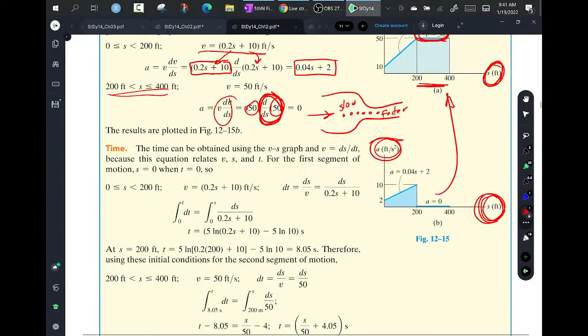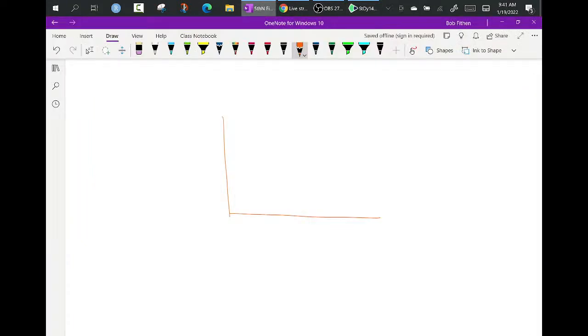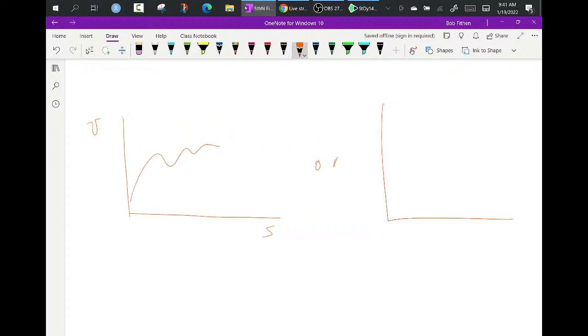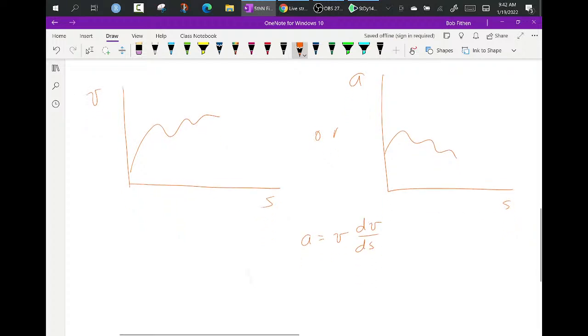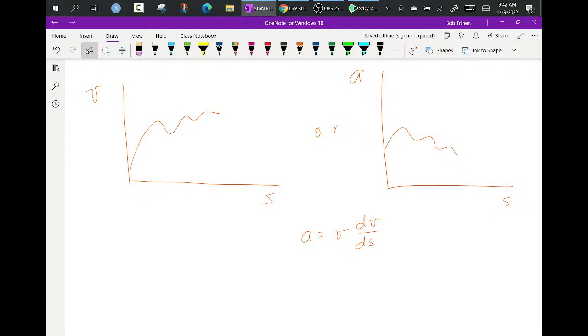Let me go back to the problem. You've got two choices. You've got the velocity with respect to position, and you might have some curve, or you're given the acceleration with respect to position. Okay, let's look at the relationship. Acceleration is equal to v dv/ds. Now, if I just stare at that, and I say to myself, what is it that I'm doing?